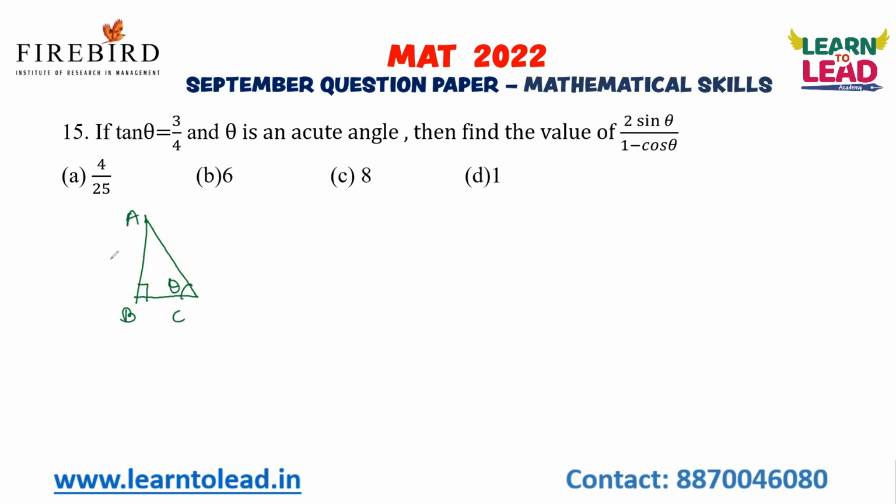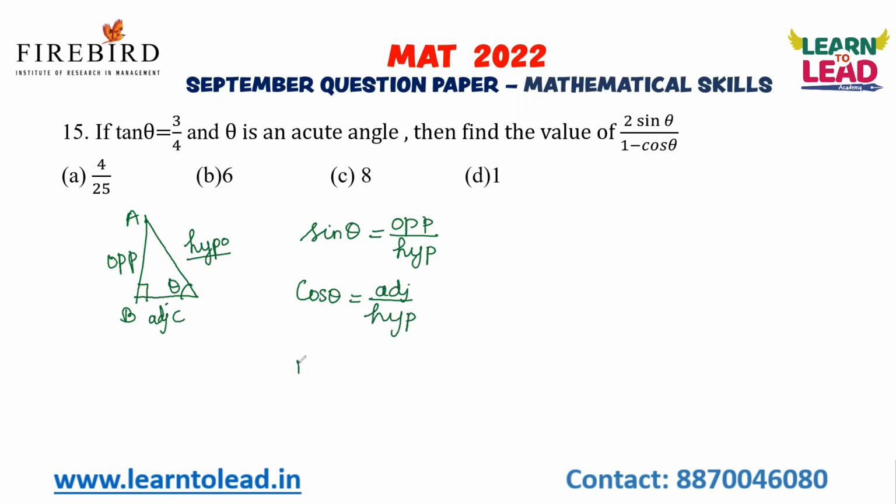The side opposite theta is the opposite, then this is the adjacent, and the side opposite the right angle is the hypotenuse. We know that sine theta is opposite by hypotenuse, cos theta is adjacent by hypotenuse, and tan theta is opposite by adjacent.